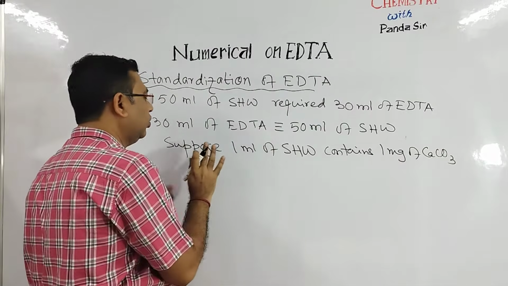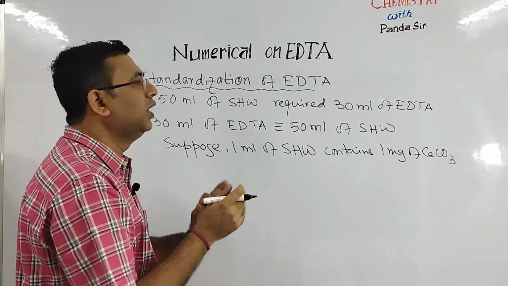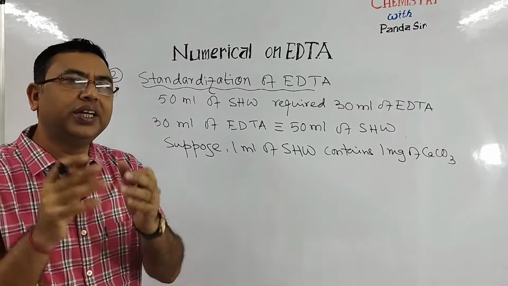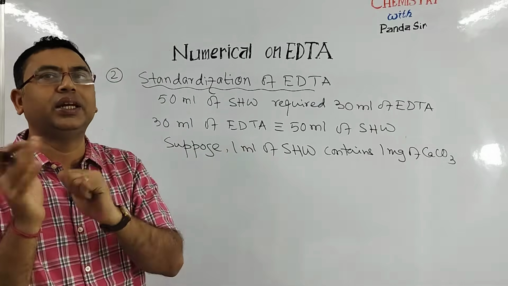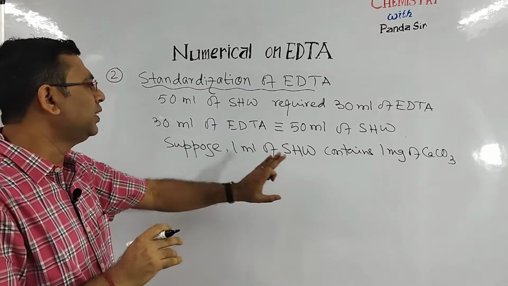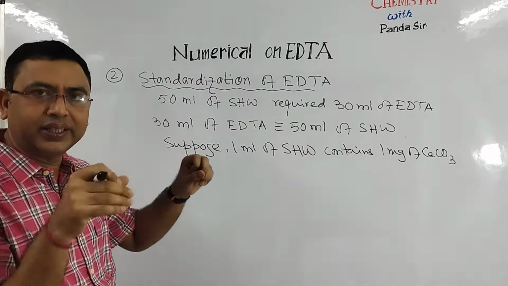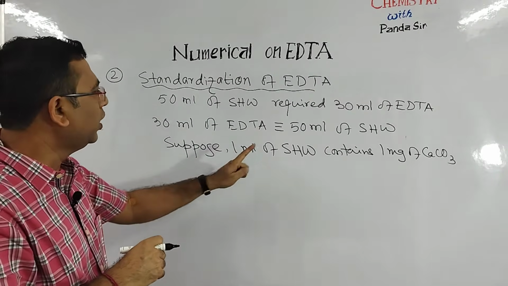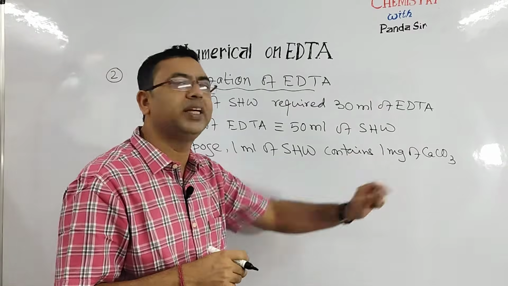I'm just taking this for simplicity, like the example I showed earlier where 1 ml contained 10 milligrams. We'll take the real example after this. Suppose 1 ml of standard hard water contains 1 milligram of CaCO3.